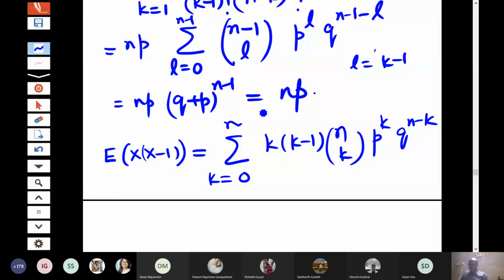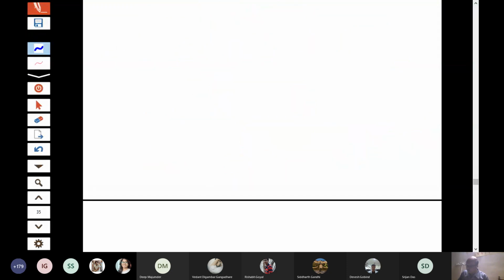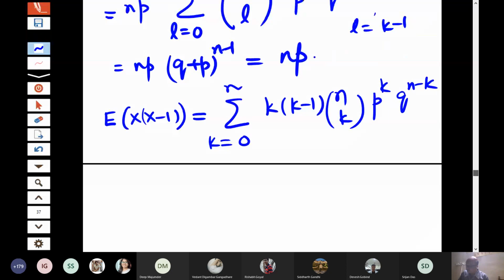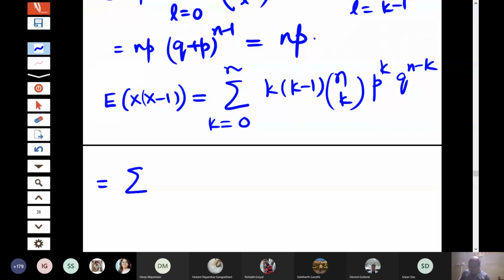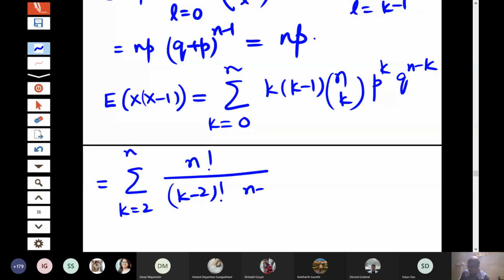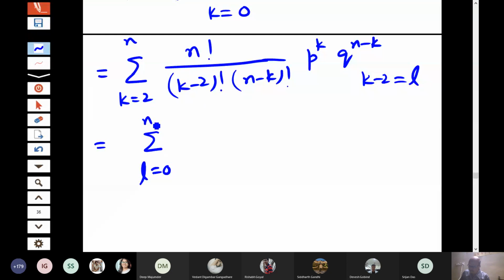Again you can see that for k equal to 0 and k equal to 1, this term will cancel out. So this is nothing but the sum over k equal to 2 to n of n factorial divided by k minus 2 factorial n minus k factorial, and you have p to the power k, q to the power n minus k. Now I put k minus 2 equal to L, then this becomes the sum over L equal to 0 to n minus 2.